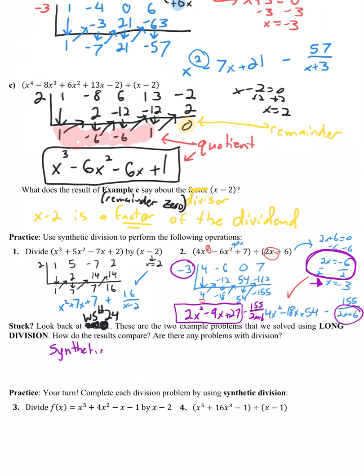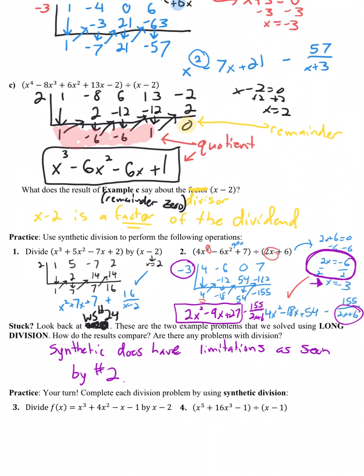So polynomial long division is going to work every single time. Synthetic division is going to give you some trouble when you don't have a simple x plus or x minus, as seen by number 2 here. Because every answer in the quotient was exactly twice as big as it was supposed to be.